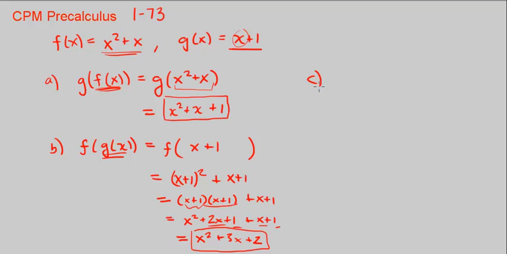Okay, part C. C is for what values of x will f of g of x equal 1? Well, what is f of g of x? We already did that right here, so let me just plug this in.